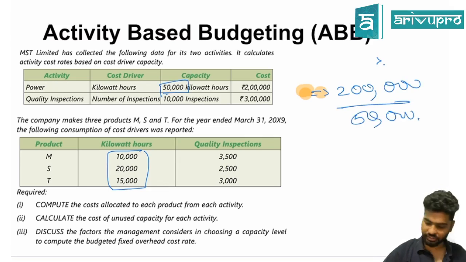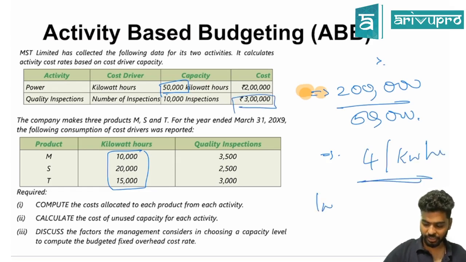My capacity is 50,000 hours, therefore it is how much? 4 per kilowatt hour.